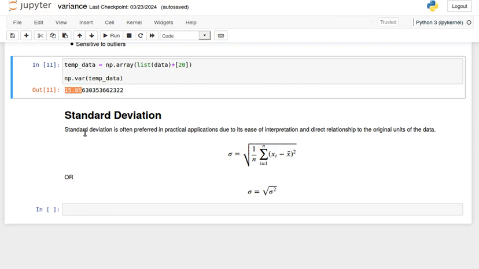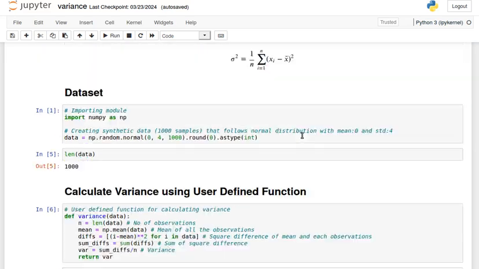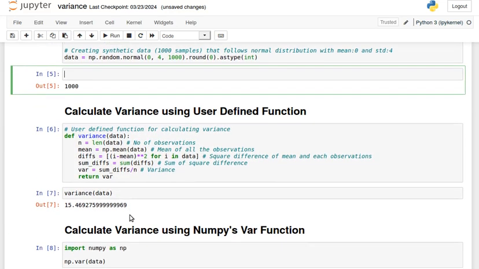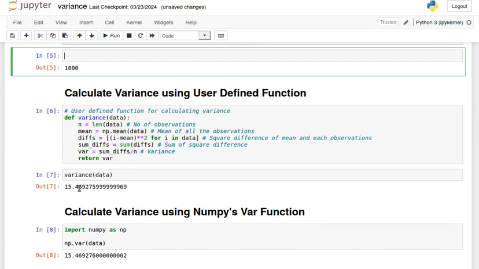Standard deviation is most often used for practical applications due to its easy interpretability and direct relationship with the user data. So for example, we have the data here in a particular unit. Let's say we have a height in centimeters. The variance will not be in the same format or same unit, that is height in centimeters.